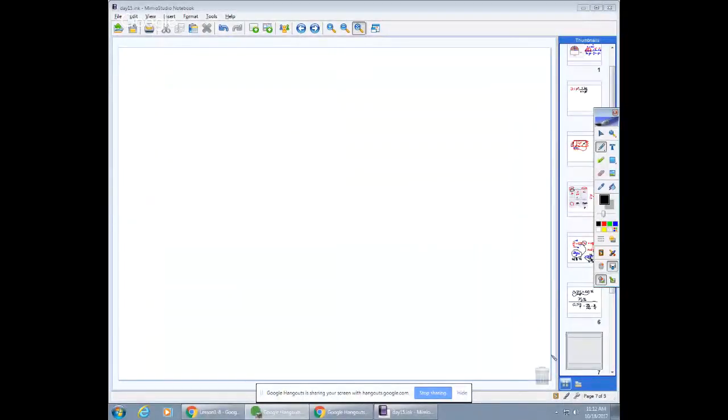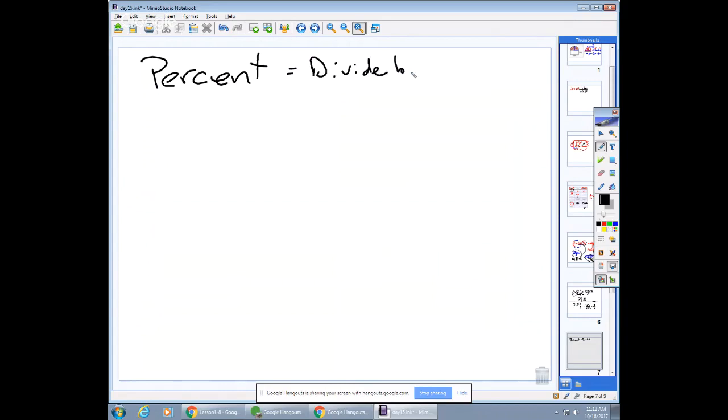All right, so just a reminder about percents. Per literally means divide by. And cent means 100. So the percent symbol, like 20%, literally means 20 divided by 100.